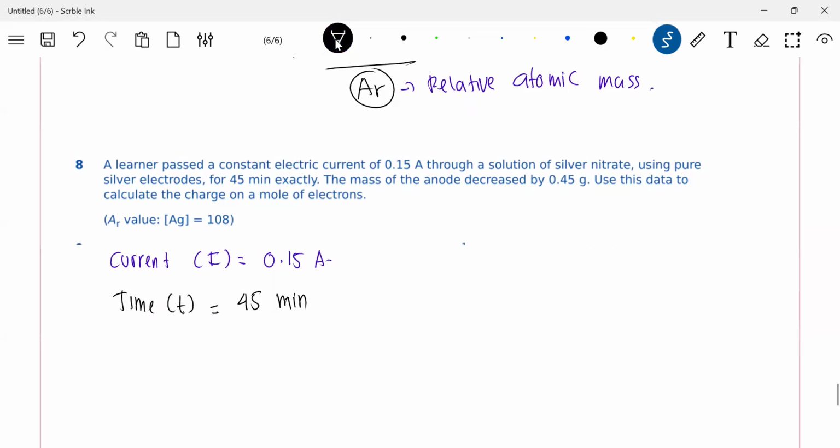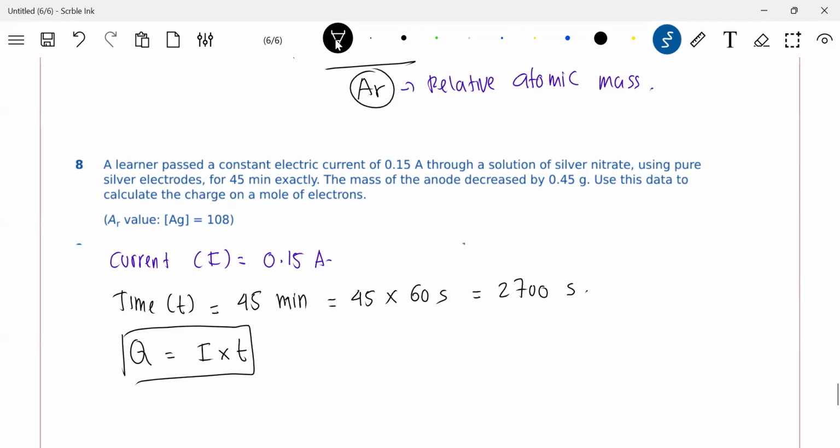If you want to change into seconds, 45 times 60 seconds equals 2,700 seconds. So we can use the formula to find Q equals I times t. This is the formula. You have to memorize it.